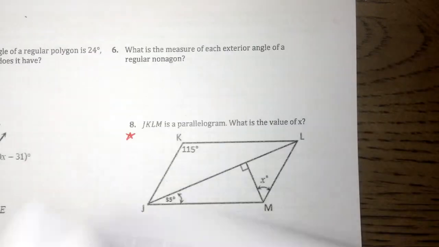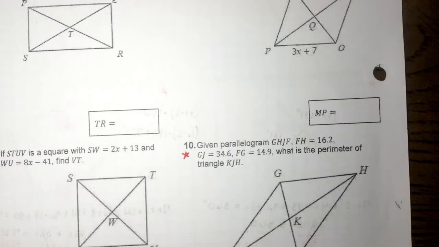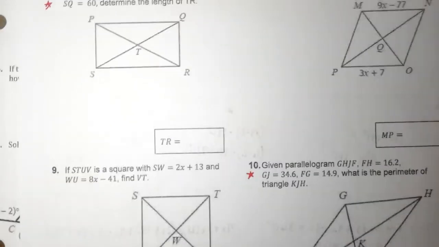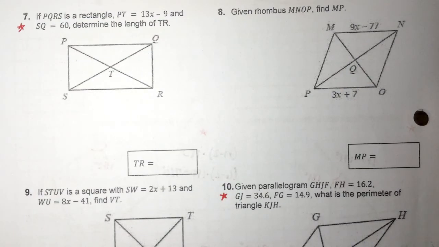Moving on. Next problem I'm doing on this sheet is number 7. Alright, on this one it says if PQRS is a rectangle, PT is equal to 13x minus 9 and SQ is equal to 60.